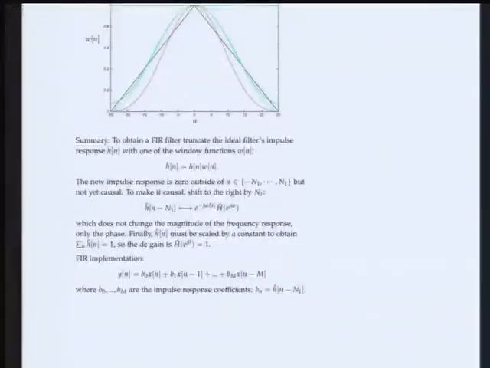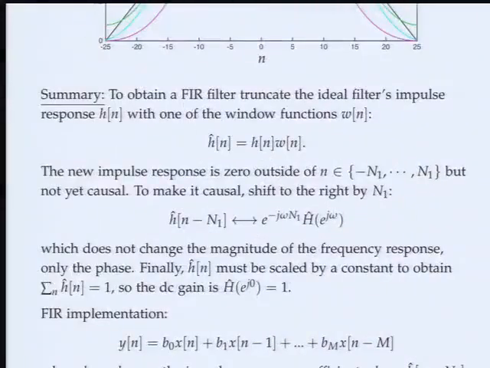So that's what the summary said at the end. Where's my summary? Yeah. Finally, h hat of n must be scaled by a constant to obtain sum equal to 1. So the DC gain means the value of the Fourier transform at omega 0 is equal to 1. Okay? So in the end, this will be a finite length impulse response, causal because we shifted it, and therefore we can implement it as an FIR filter.